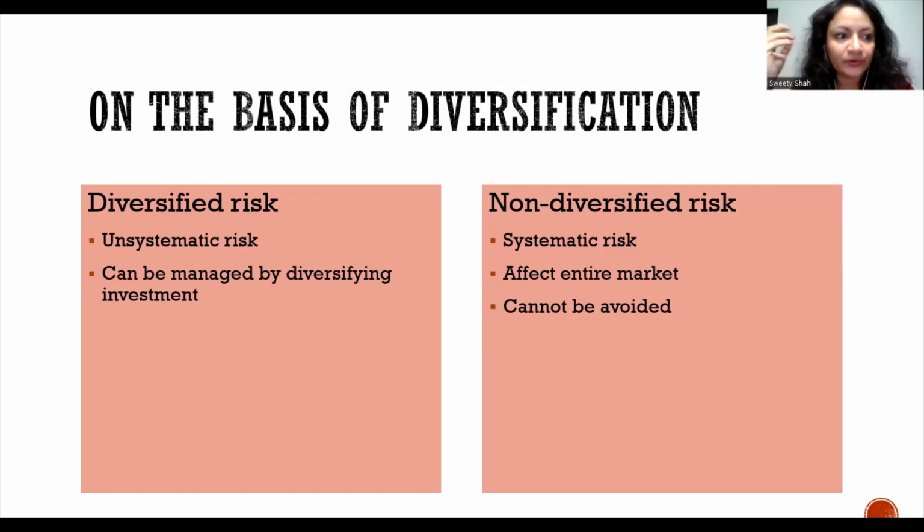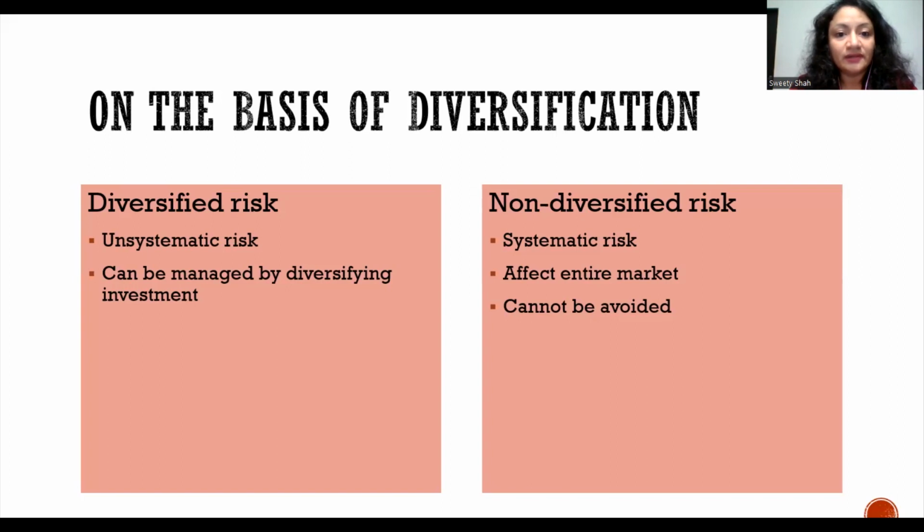In simple words, it is the risk which is very much inherent in the system and cannot be separated from the system. Now, this system might be the organization, the industry, or the class of securities. But it cannot be separated from the system. So it is called systematic or non-diversified risk.